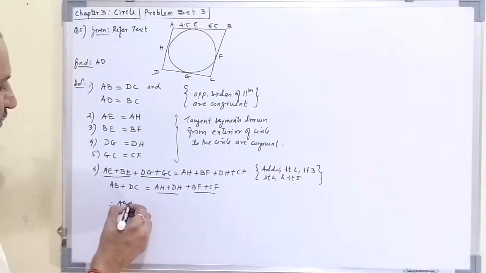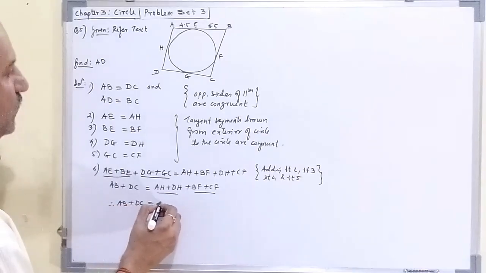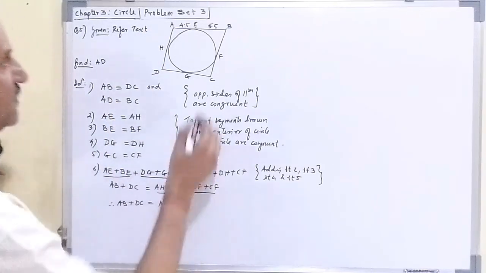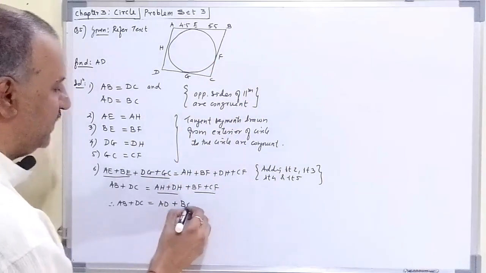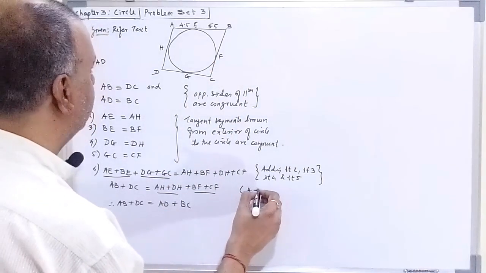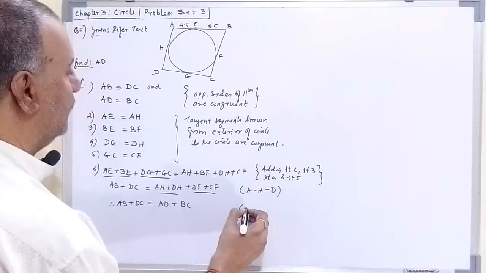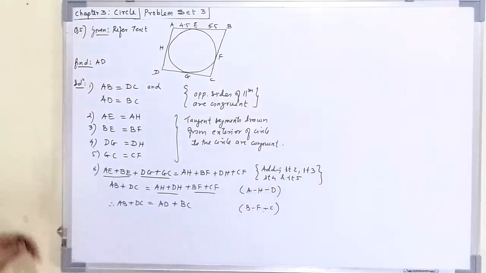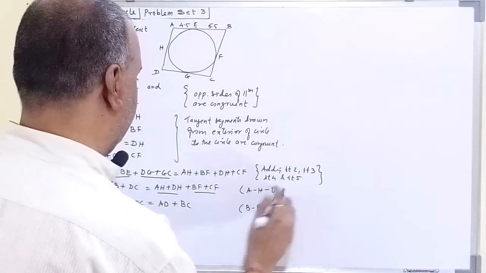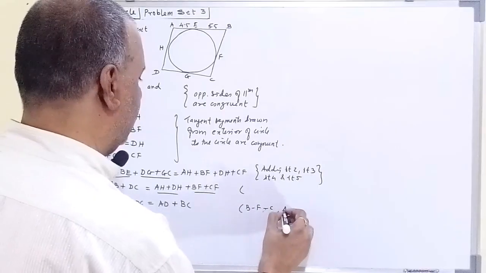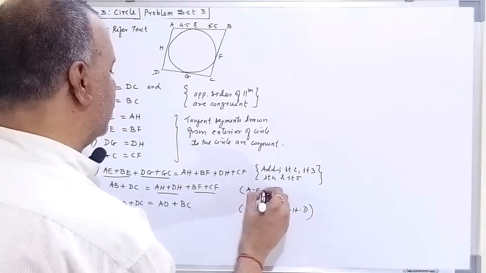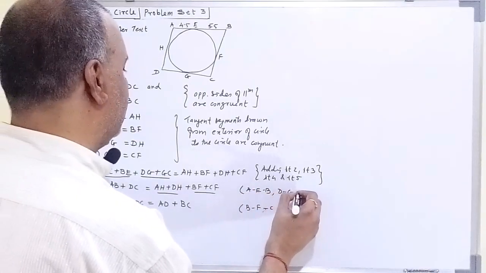Therefore AB plus DC equal to AD, because AH plus DH is AD, plus BF plus CF is BC. इसमें लिखो रीजन A-H-D और इसका रीजन लिखो B-F-C. यहाँ भी A-H-D, यहाँ लिखो A-E-B and D-G-C.